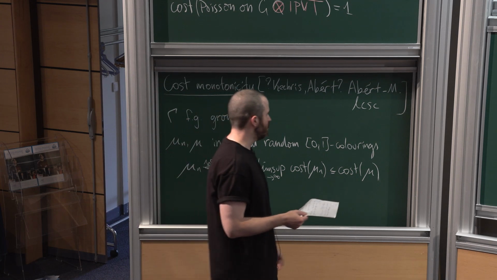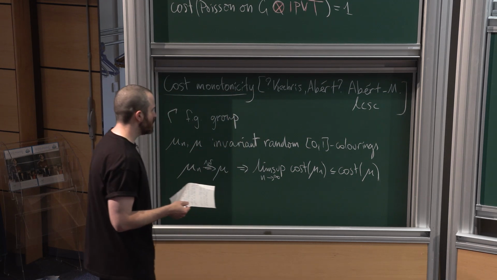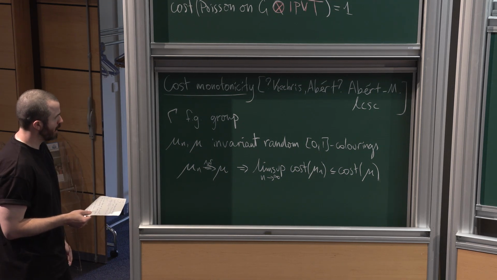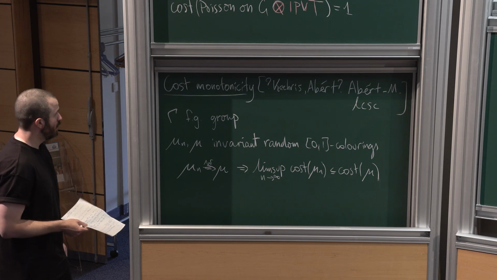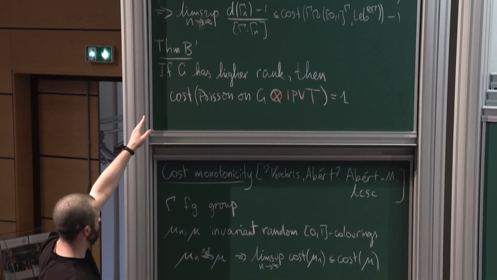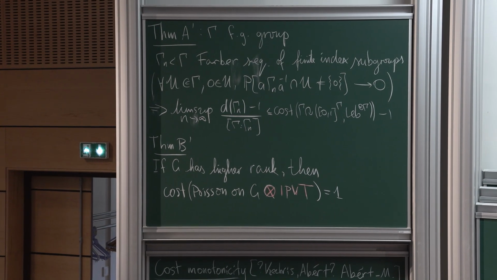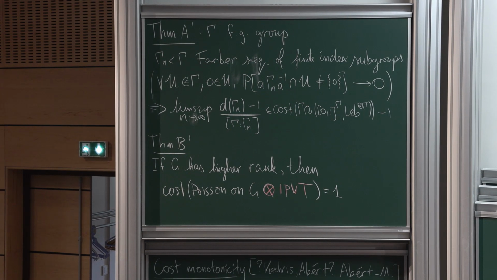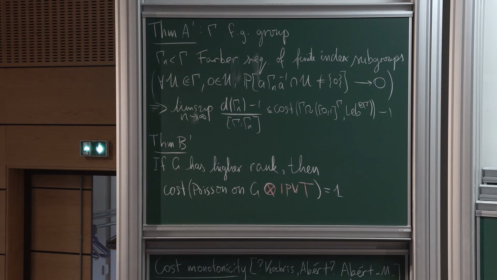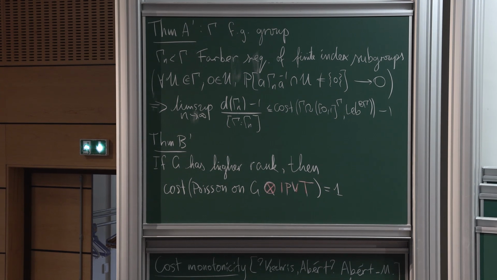Okay, so this is some sort of semi-continuity result for the cost function in the space of actions. And this is what I'm going to prove. Okay, and maybe you can start to piece together how these theorems are actually proved. I said that the cost for some particular invariant random colorings is essentially the normalized rank. And so maybe you start to see where this is going.